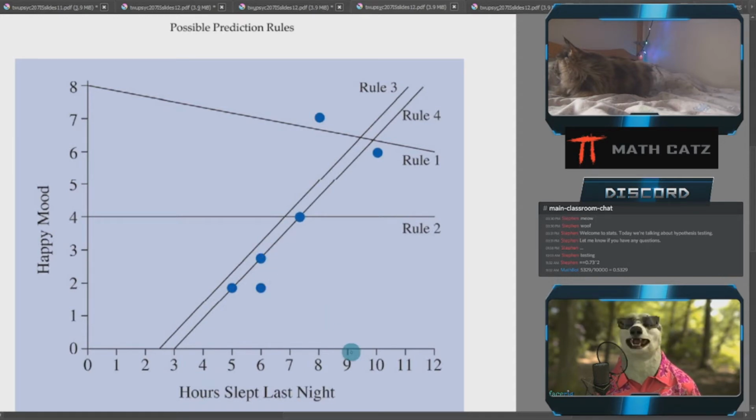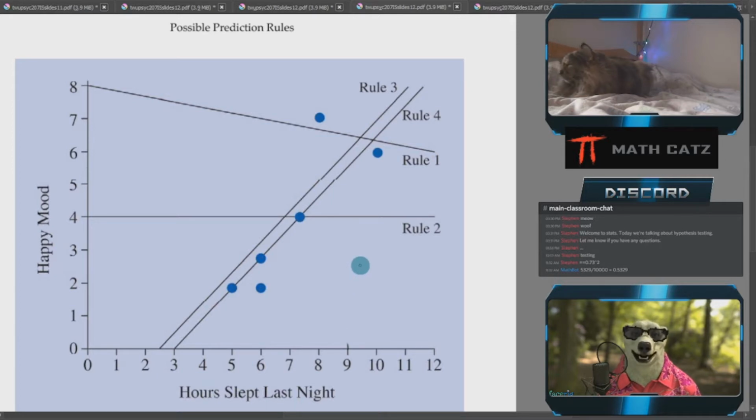Well, if I slept 9 hours, do I use this line to predict a 4 mood rating? Or do I use this line to predict 5.5? Or this line to predict a 6? Or this line to predict a 6.5? Which one is the best?